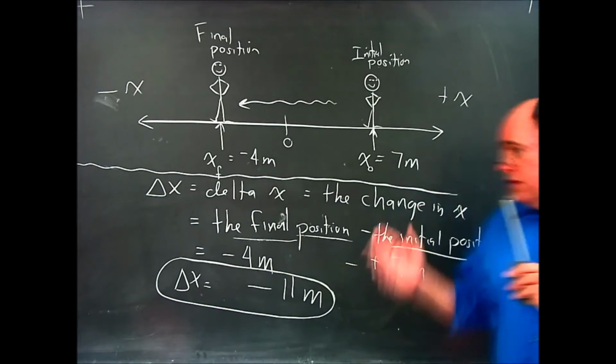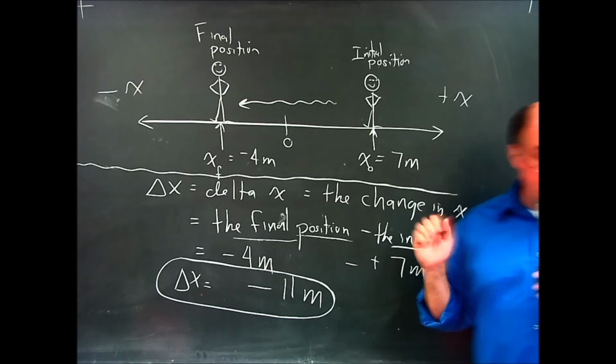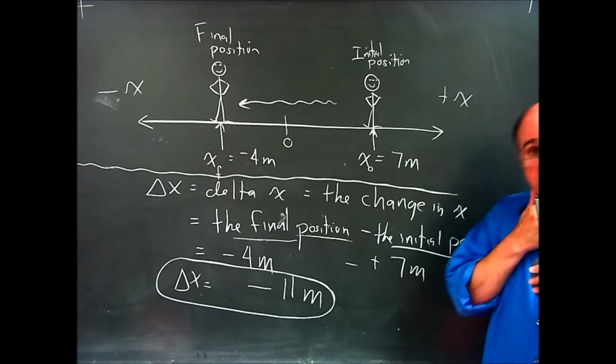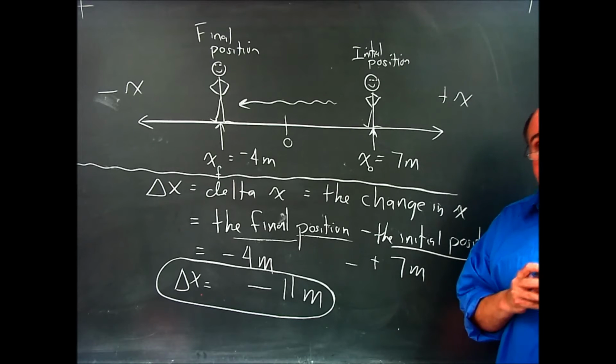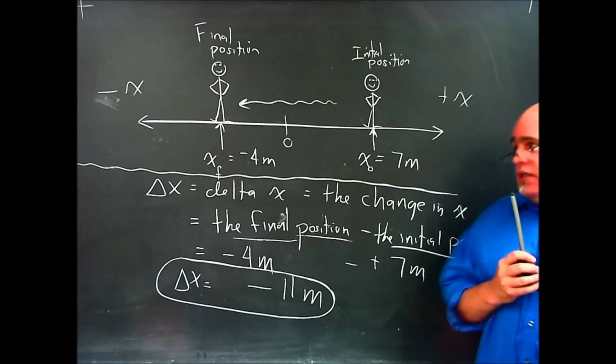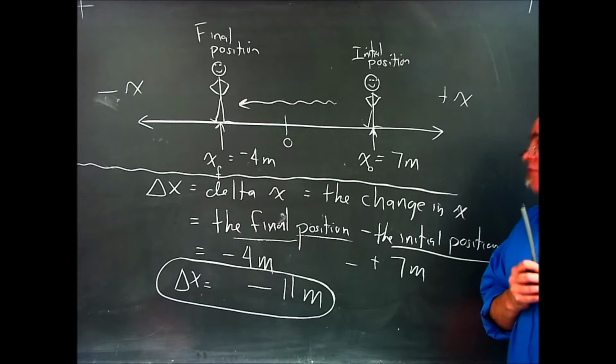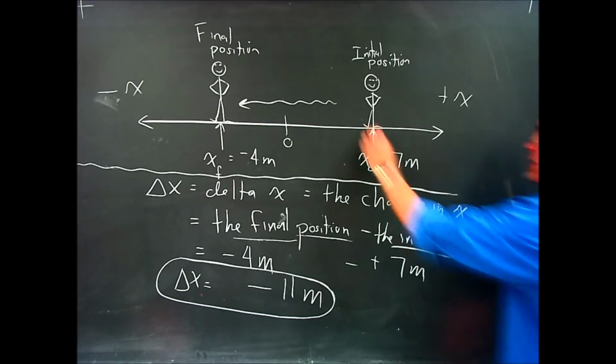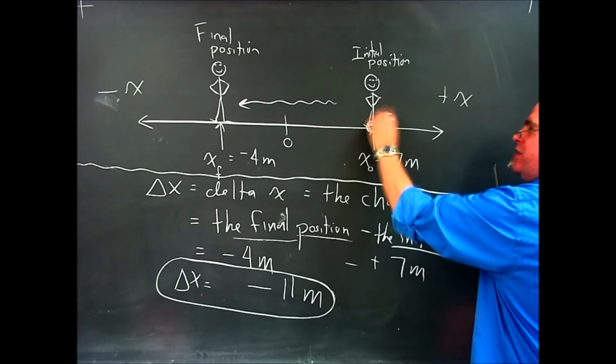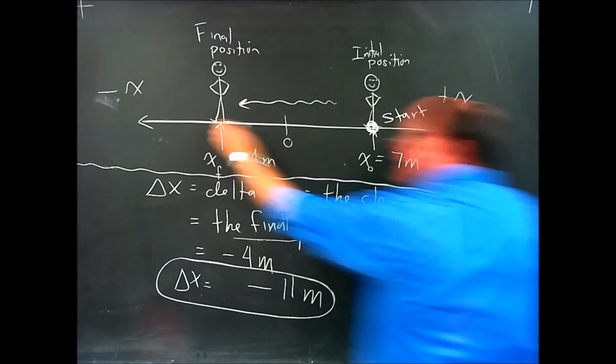In physics, we don't really want to talk about distance too much. We usually want to talk about something called displacement. Displacement is how the object has been displaced from the starting point to the ending. So this right here would be my starting position, and this would be my ending.